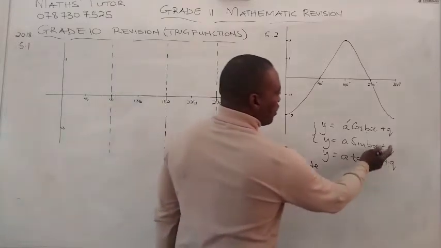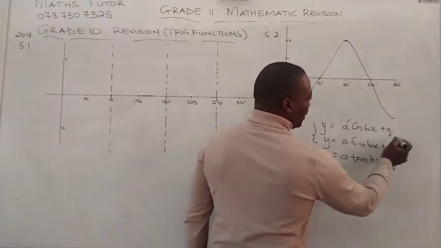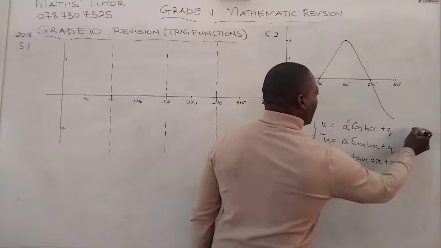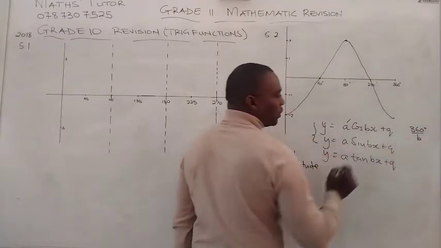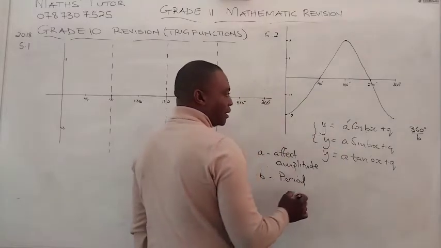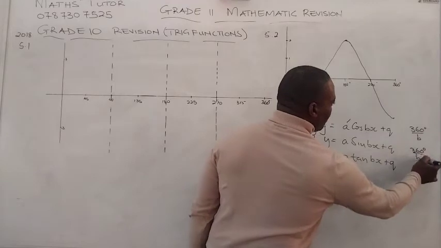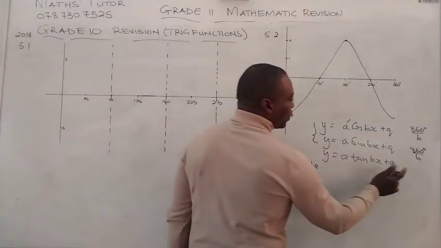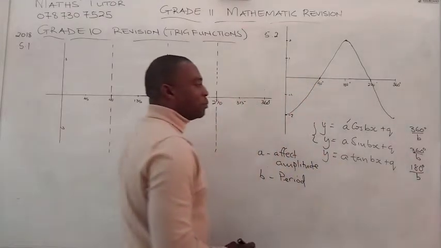Remember, for the graph of cosine, you have to divide 360 by b to get the new period, right? For sine, you are also dividing 360 by b, and for tan, you'll be dividing 180 by b to get the new period.